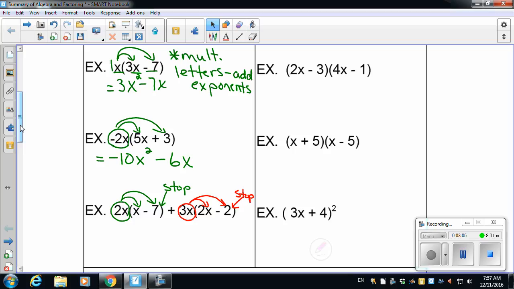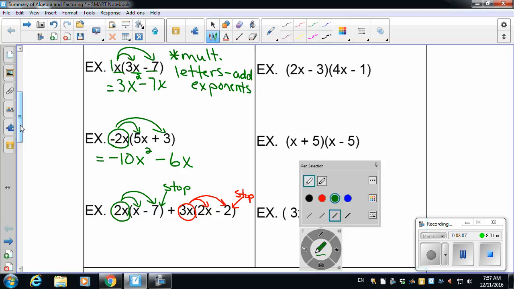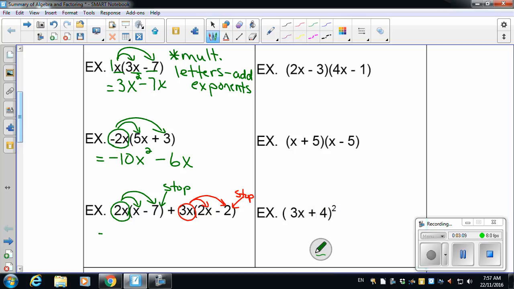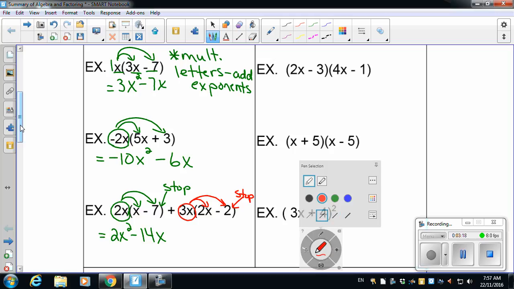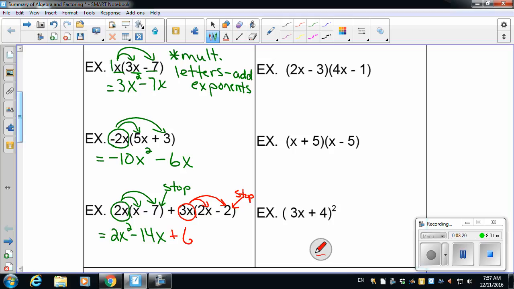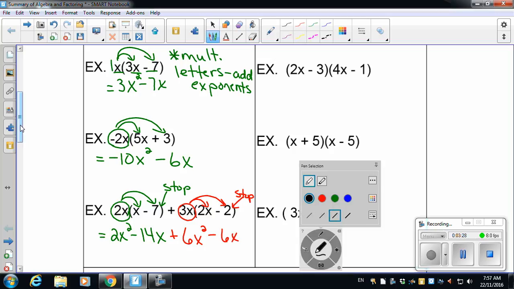So when I do my first batch of multiplying, I'm going to have 2x squared minus 14x. And when I do the second batch of multiplying, I'm going to have 6x squared minus 6x.